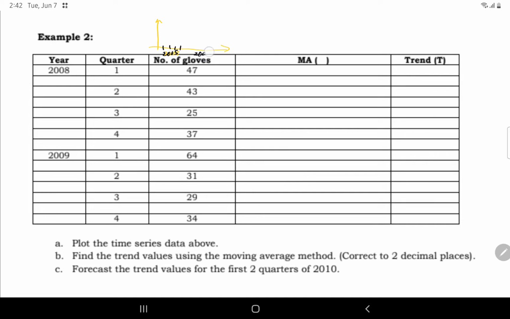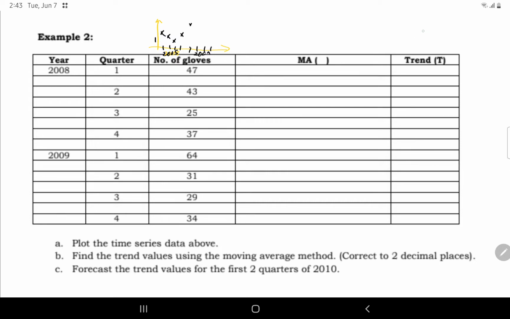And then 2009, quarter 1, quarter 2, quarter 3, quarter 4. And then number of glove dekat y-axis. So you all plot lah. Dekat quarter 1, number of glove 47 contohnya. Dekat sini 43. And then 25, 37, 64. Okay, you all lukis graph. Itu untuk question A.